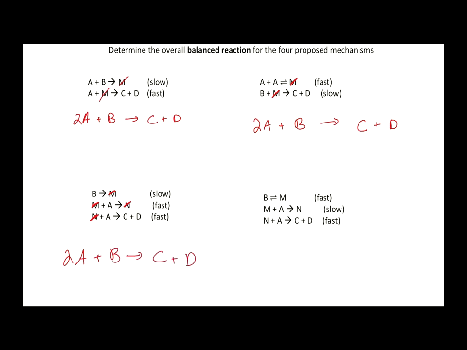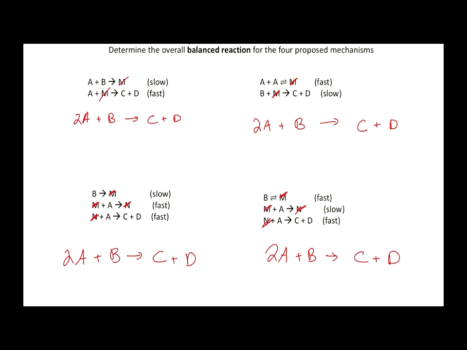And what do you think the last one is? The same thing, I think so, hopefully. M cancels, N cancels. So 2A plus B gives C and D. So these are 4 examples of different mechanisms, but they all yield the same overall reaction, where you throw in 2 equivalents of A, an equivalent of B, and you pop out a C and a D. Do they all have the same rate law?